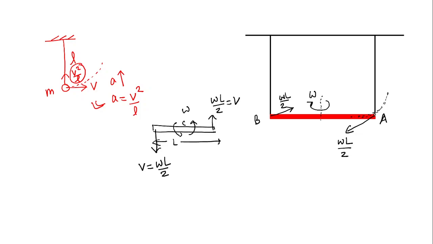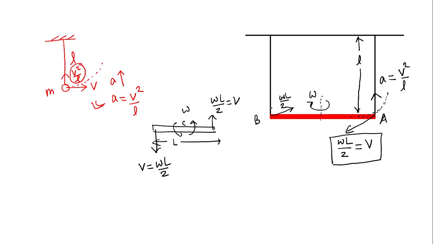That means this end will be having an acceleration of what magnitude? v square upon the length of this string. This will be the acceleration of point A upward, where v is omega L by 2, isn't it?